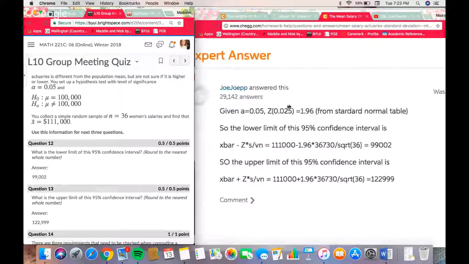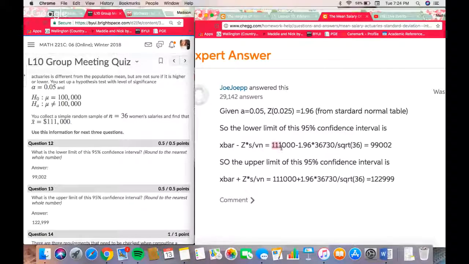But I'm just curious what the number was before, because they gave you a number and didn't really say at what point you were supposed to round it. But I don't know. I'm good with this. Well, I can show you, because the math is here. It's just 111,000 minus 1.96. Or it's X bar, which I think is one of these.